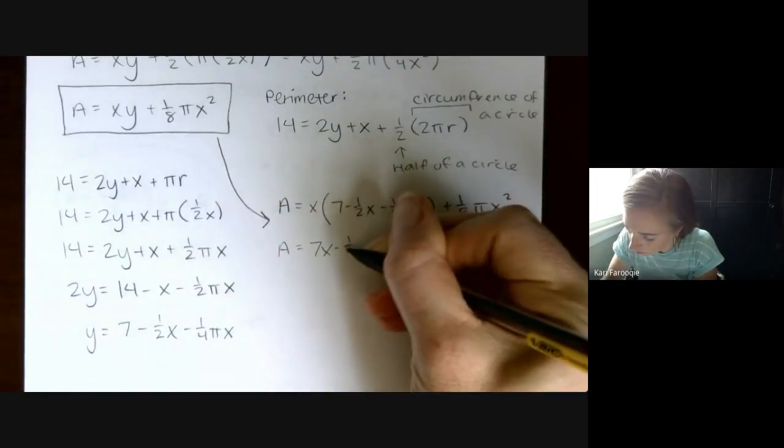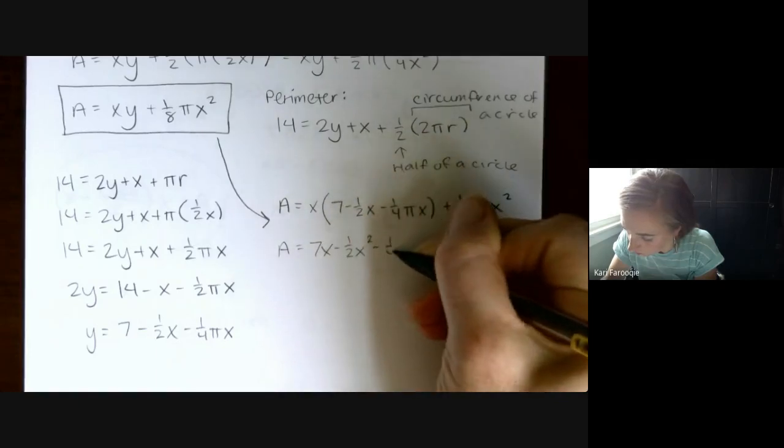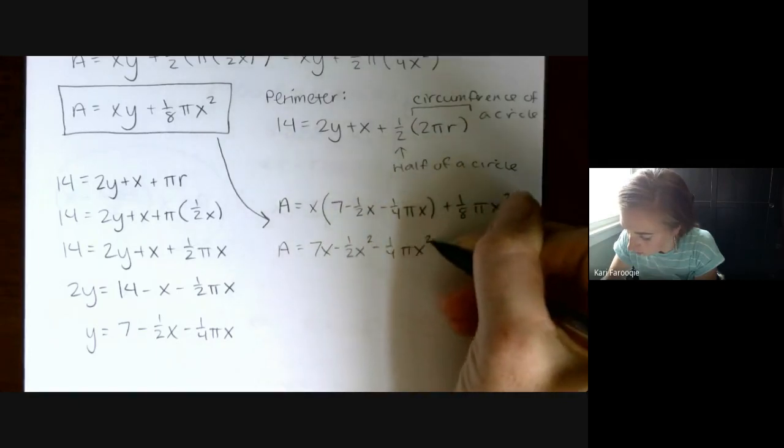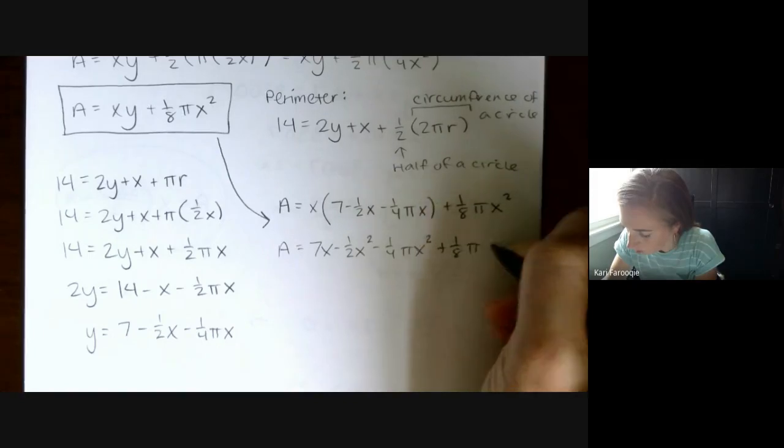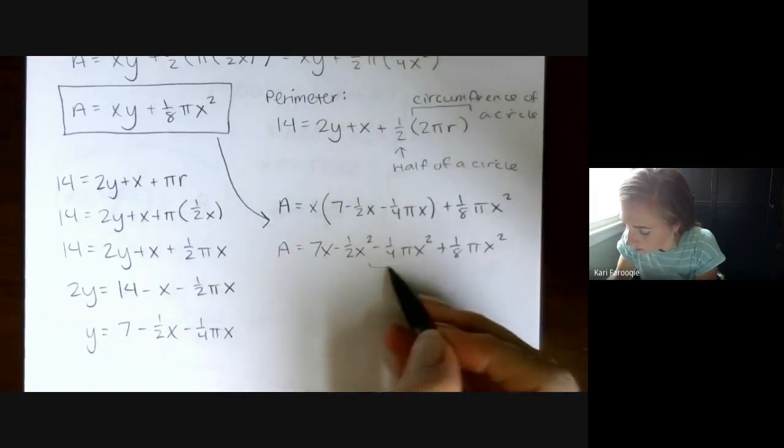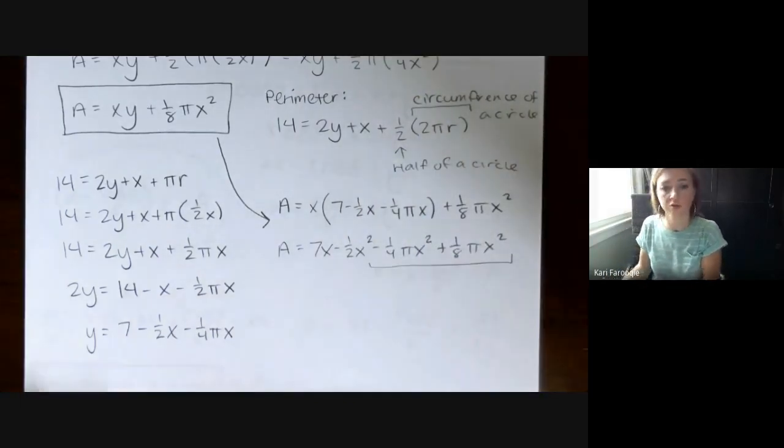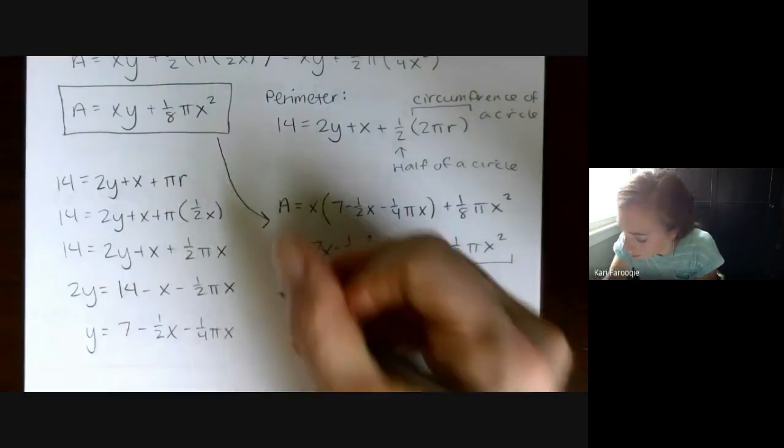Seven x minus 1/2 x squared minus 1/4 pi x squared plus 1/8 pi x squared. And if you'd like, you can go ahead and combine these two terms now. You don't have to, but they're both pi x squareds. So you can. Negative 1/4 plus 1/8 will be negative 1/8.